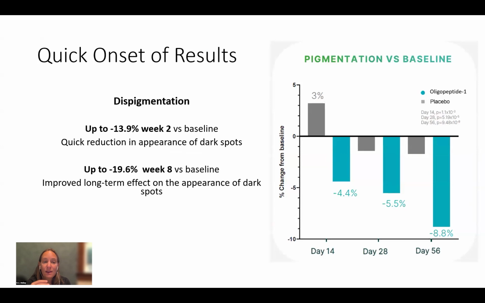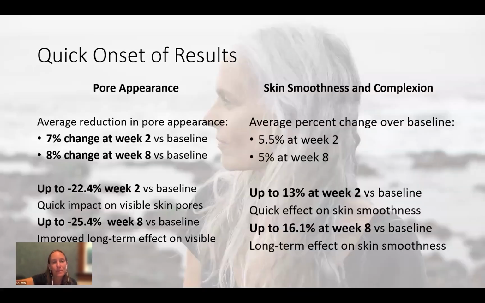And by week 8, that grew to 19.6%. So this again shows the quick change, and then even the more long-term improvements that you get when you add this oligopeptide to your formulas.